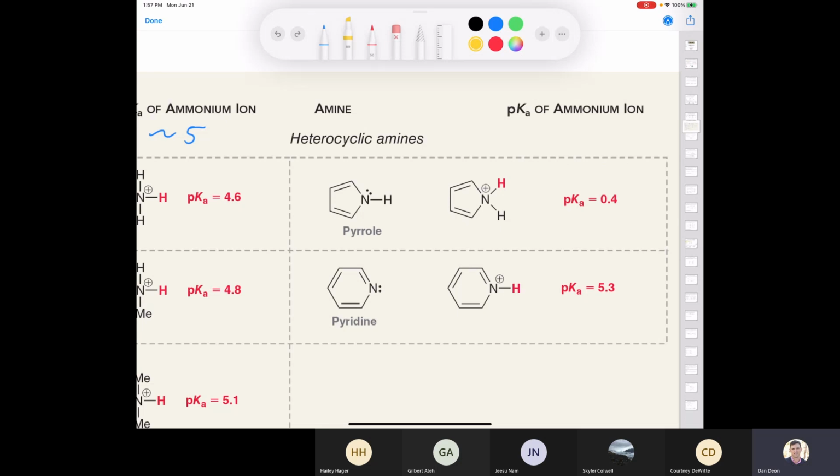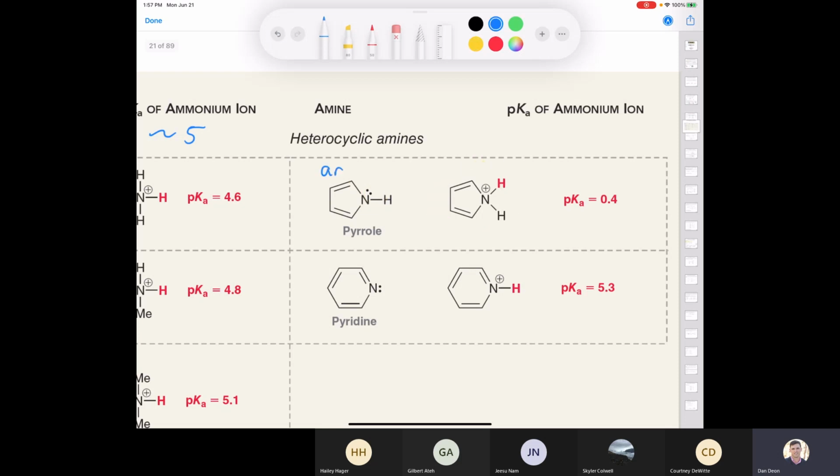Remember that the weaker the acid, the stronger the base. Okay? So this is a really strong acid, and therefore this is a really weak base. Now, why would pyrrole be such a weaker base than pyridine? The reason is that if pyrrole picks up a proton, the aromaticity is destroyed.